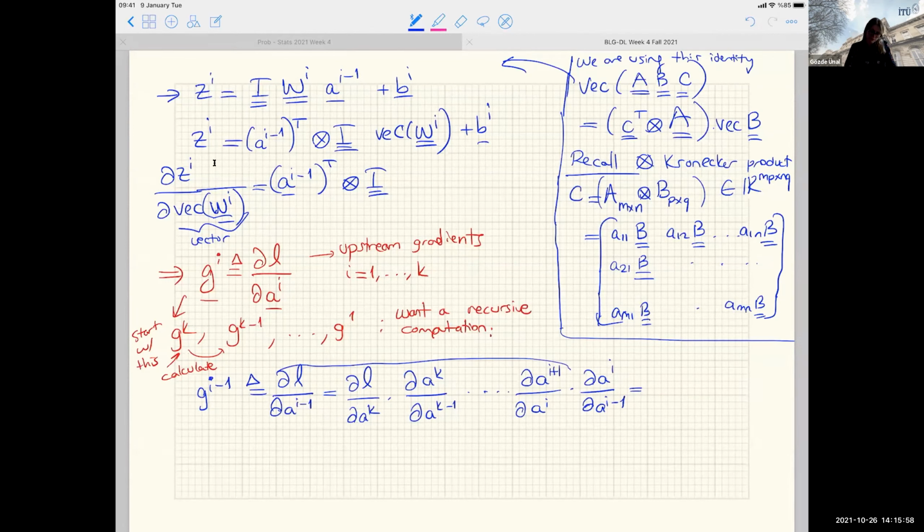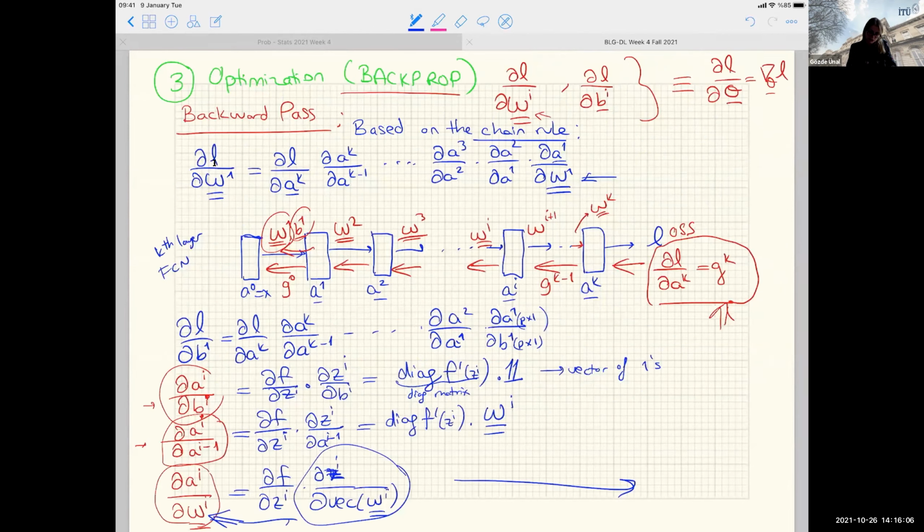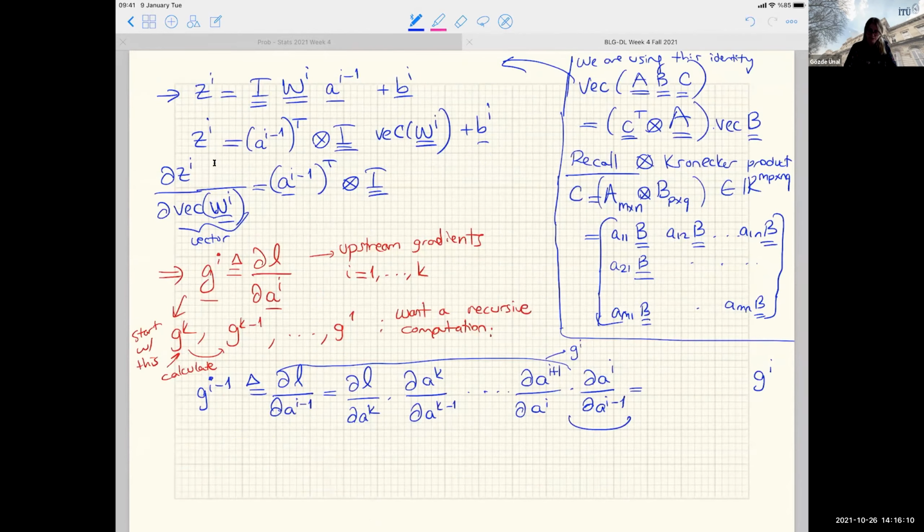Just take the transpose of the first part, which we've already calculated, and this one will be W_i transpose times diag F prime of z_i, a function of that.